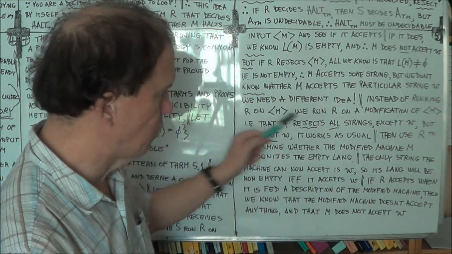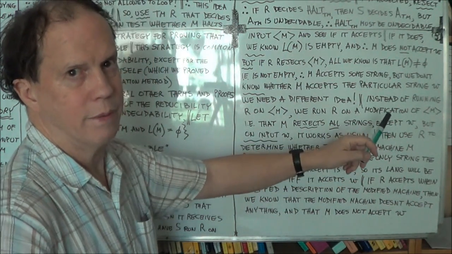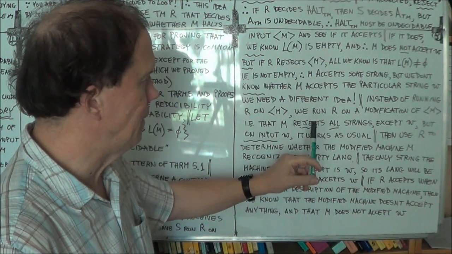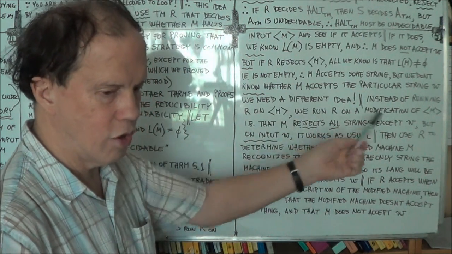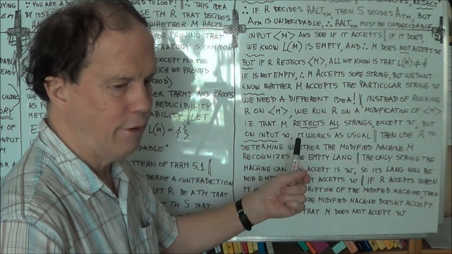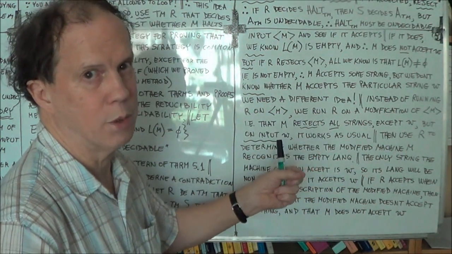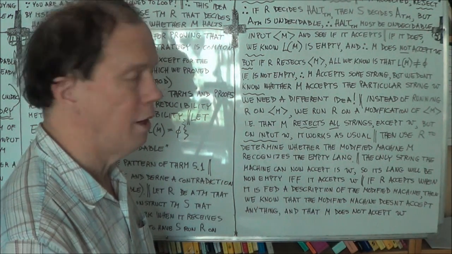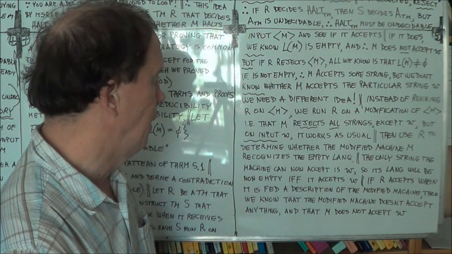Any string coming into M modified, M dashed if you like, will be rejected by M dashed if it is not equal to W. That's the modification we will use. I hope now you can see where I'm going with this.